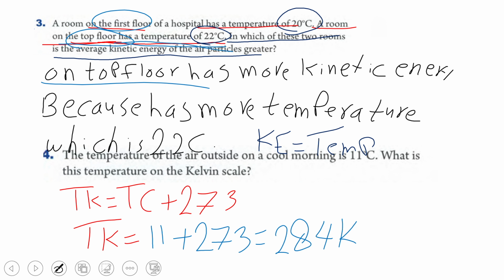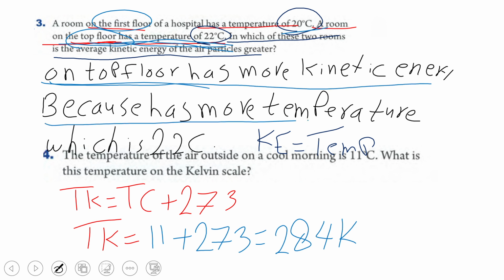On the top floor the temperature is 22 Celsius, but the first floor only 20 Celsius. So with more temperature we get more kinetic energy of the particles. In general, more temperature means more kinetic energy of the particles.